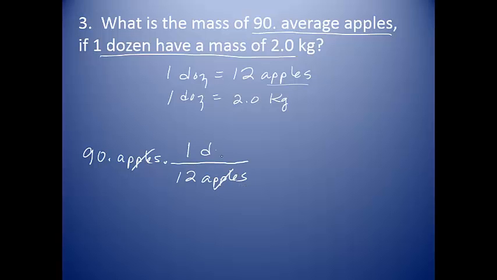And we're going to put 1 dozen on the top because that equal sign is saying that that's kind of our division bar. So now our apples are gone and we're left with dozen. And now that we have a dozen apples, we can convert the dozen apples to a mass, 2.0 kilograms. So our dozen apples will also cancel. We are left with mass, which is the unit that they asked us to get to.